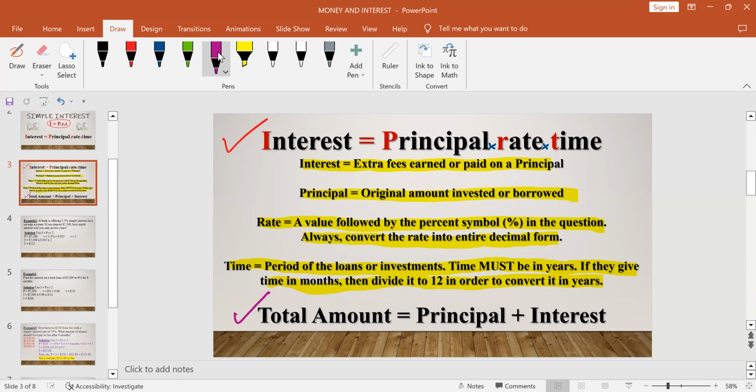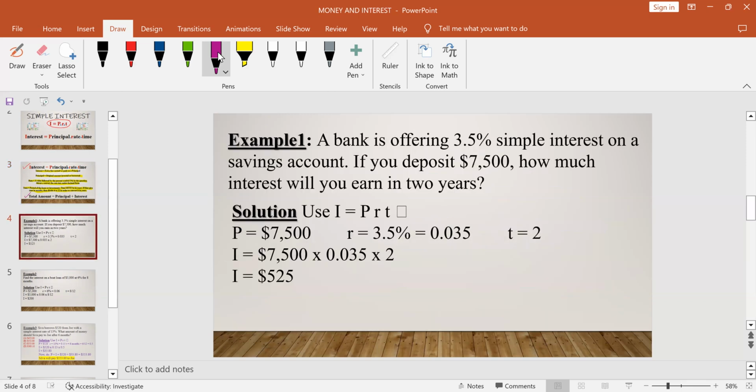That is the benefit for the bank. So the total amount will be the principal amount, which is the 5,000, plus the extra fee. Or you earn an extra fee on a deposit, so the total amount will be the amount you deposit plus the extra fee.